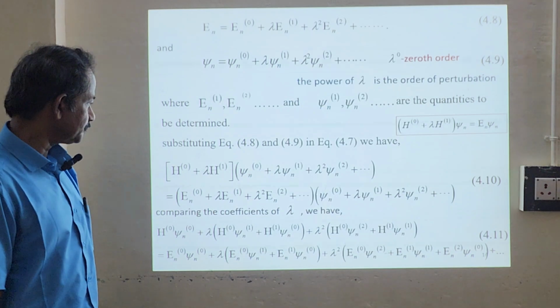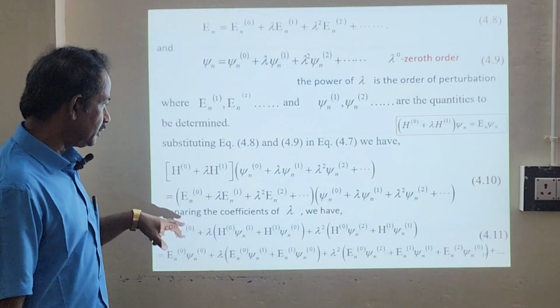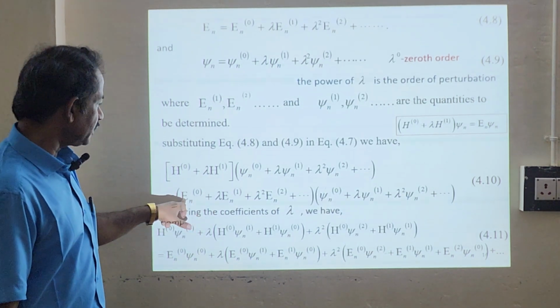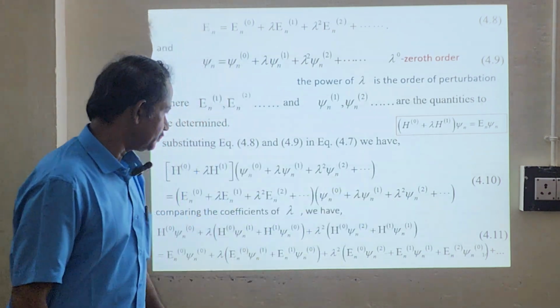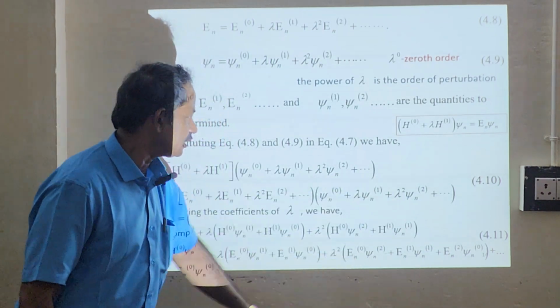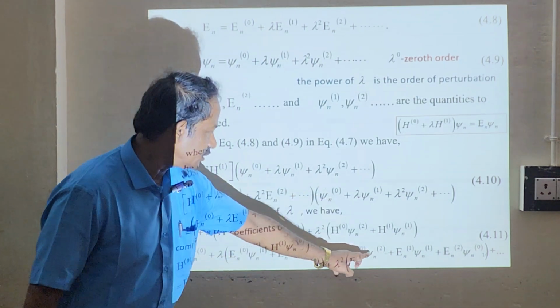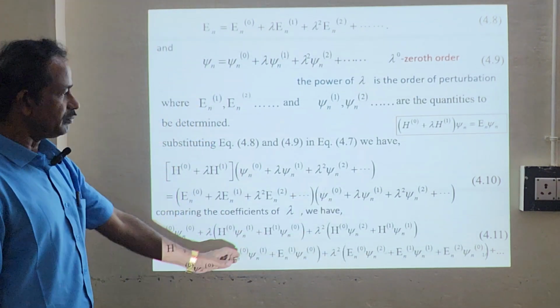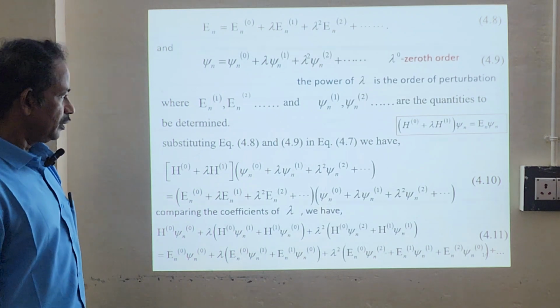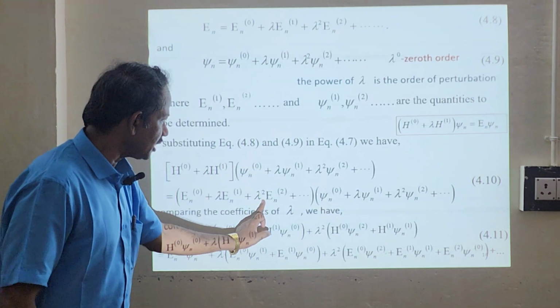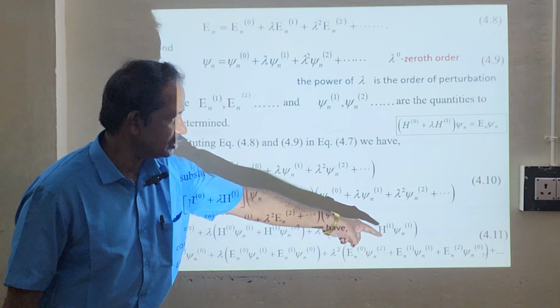For lambda squared, we will have En0 psi n2, and lambda multiplied by lambda gives lambda squared, so lambda squared En acts on psi n0. That is the last one.